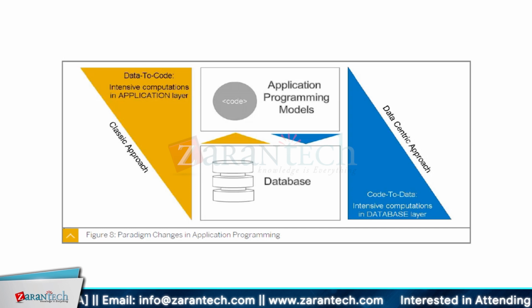See, earlier what we used to do, we used to fetch all the data first into our program, into internal tables. Then we used to write loop statements, calculations, computations and everything in the program. So that is the left-hand side part. Data to code. So data will come to code.